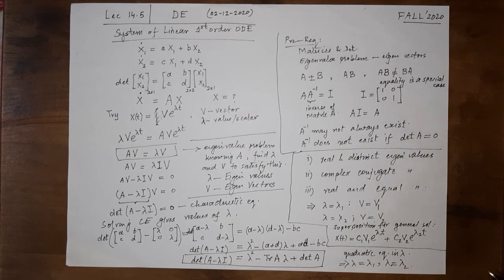And now a question for you: how are we going to find the values of c1 and c2? We have found lambda 1, lambda 2, v1, v2. How about c1 and c2?